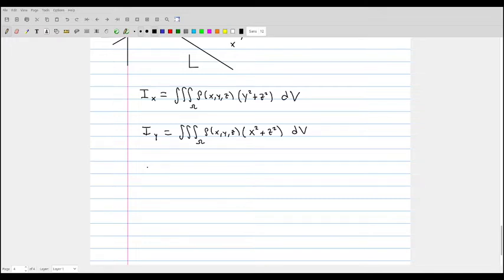And lastly, the moment of inertia about the z-axis, the resistance to rotation about the z-axis, will be the triple integral over omega of the density function times the distance of any point to the z-axis, which is just going to be x squared plus y squared. And there you have it. This is how you calculate the specific moments of inertia about any one of the axes.